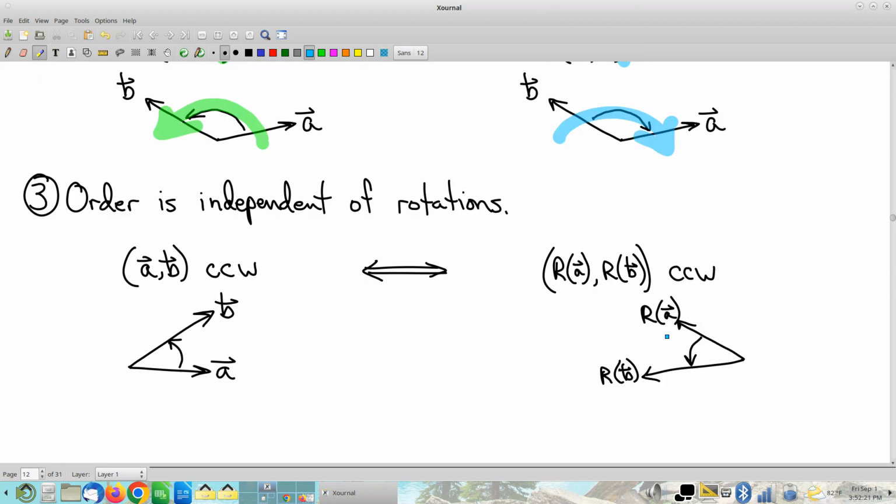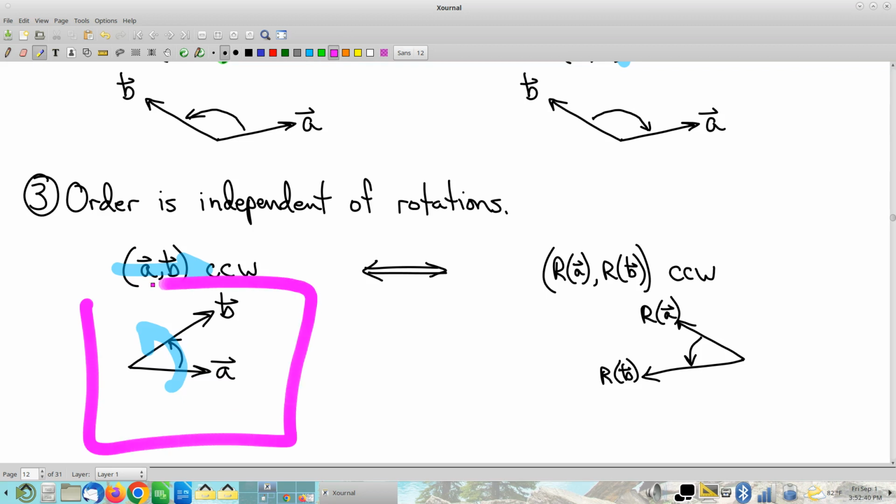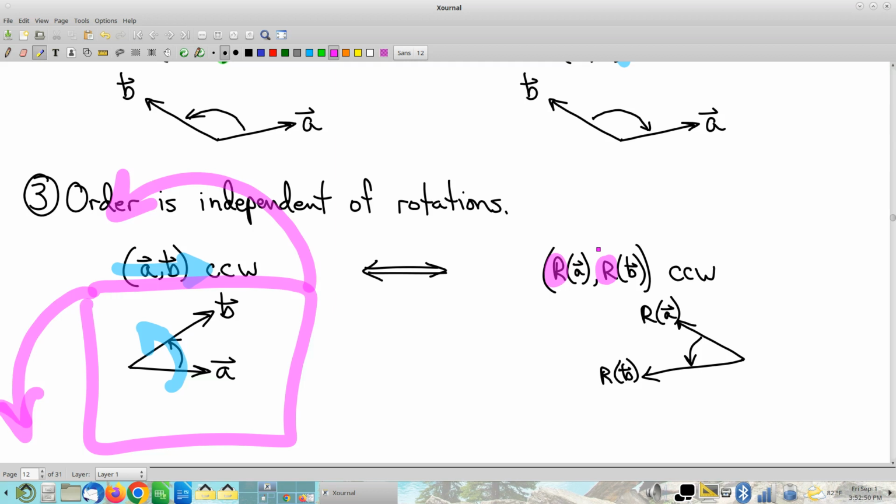And then lastly, independent of rotations. I think this is a pretty easy observation to make. If you have an order that is counterclockwise, and you take this whole picture and rotate it by whatever amount, rotating both of the vectors, the result is still counterclockwise.